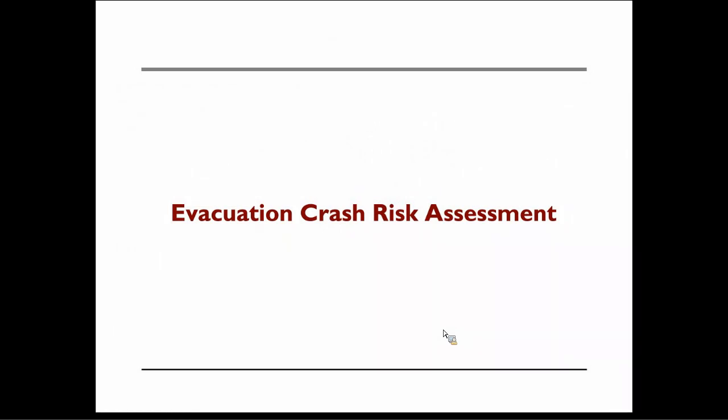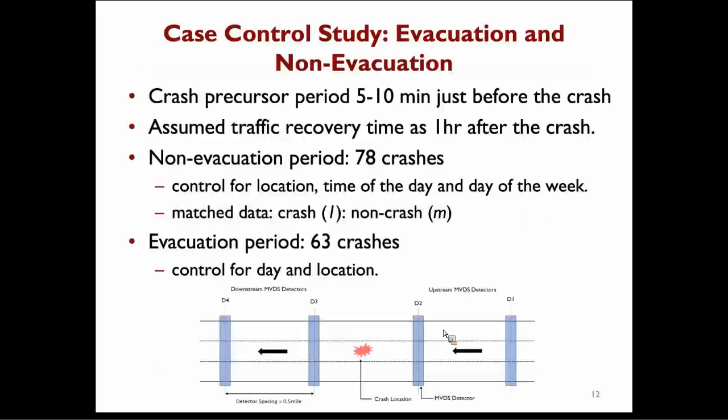So with that, I would like to start with our analysis on evacuation crash risk assessment. In this part, we'll basically look at two things. We collected data for an evacuation period and a non-evacuation period.